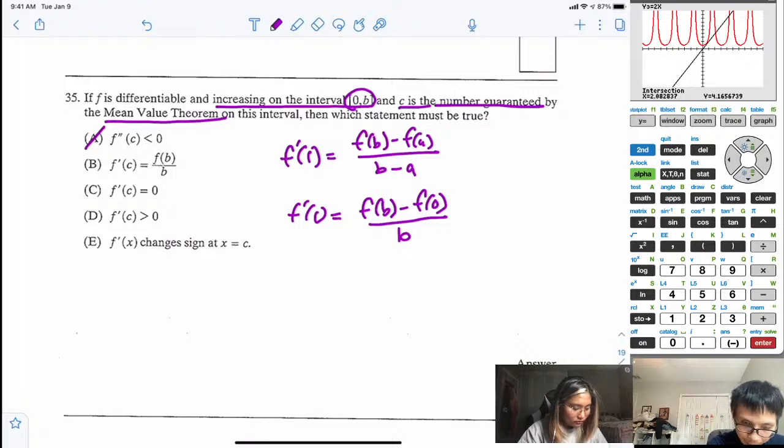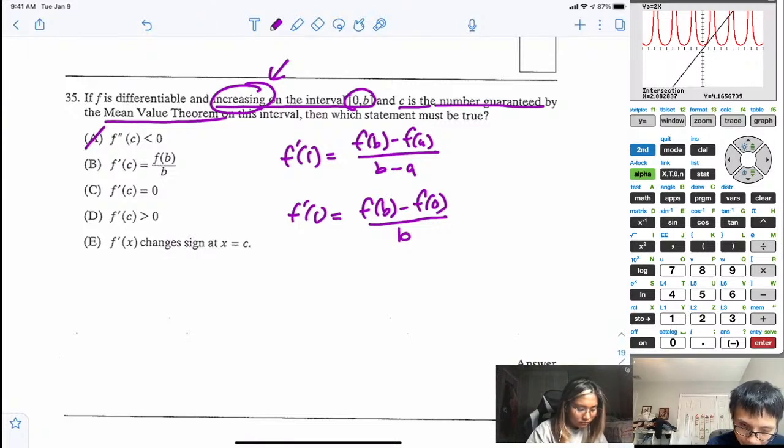Usually it talks about f prime. But the function is increasing though. That's another keyword, and it's actually very, very important. Anytime you talk about decreasing, increasing, concave up, concave down, they are very, very crucial things for you to know.